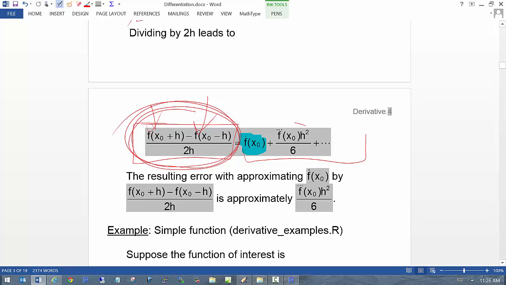But we have some other stuff here. And so we note that this central difference formula is not going to give you the exact first derivative evaluated at x0 unless the third derivative or higher for this f function is equal to 0.